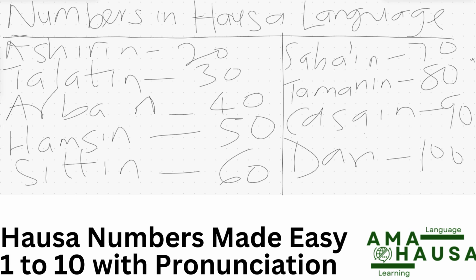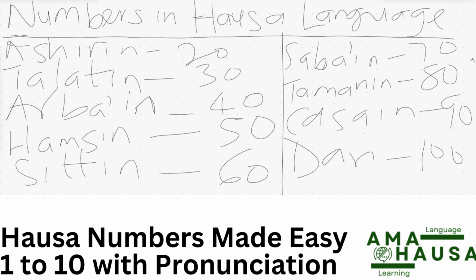Arba'in 40. Hamsin 50. Sittin 60. Saba'in 70. Tamanin 80. Casa'in, even though the spelling is kasa'in, the pronunciation is casa'in, 90.